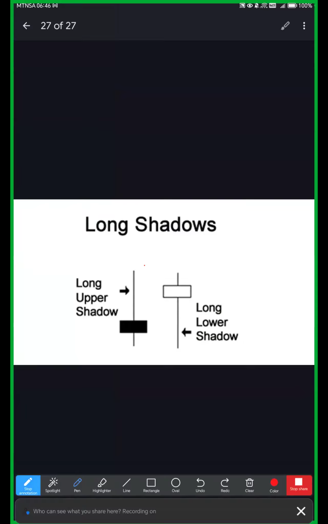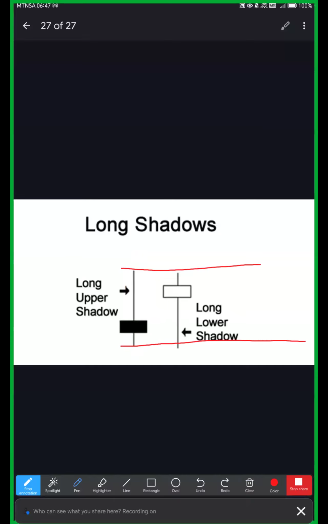The upper part of the body and the lower part of the body of the candle, there is something that looks like a tail, like what you call a wick. So this is what we call a candlestick tail, a candlestick wick, or a candlestick shadow.